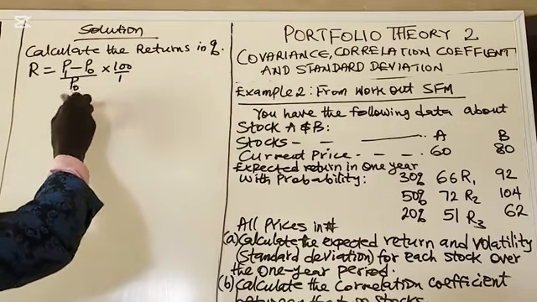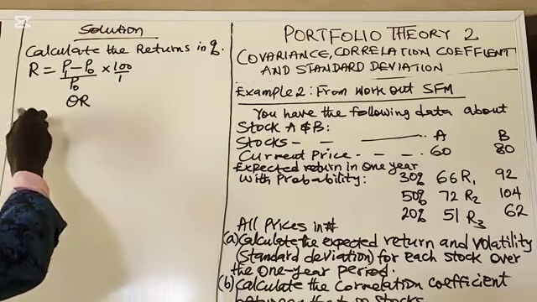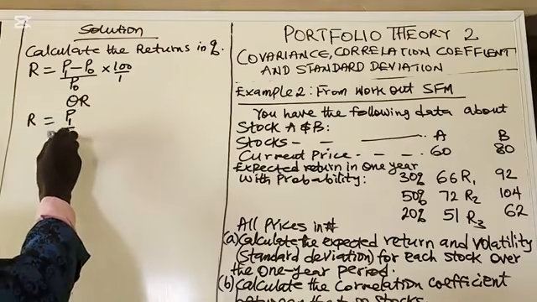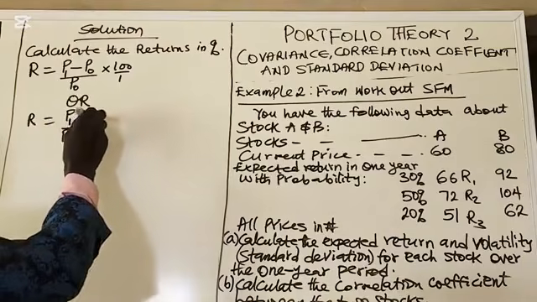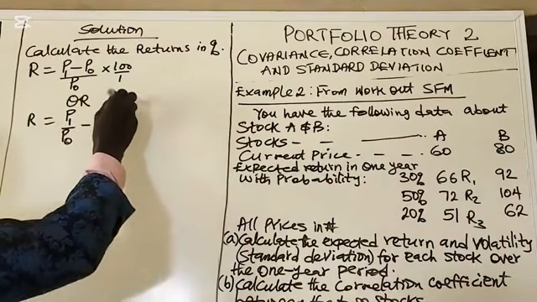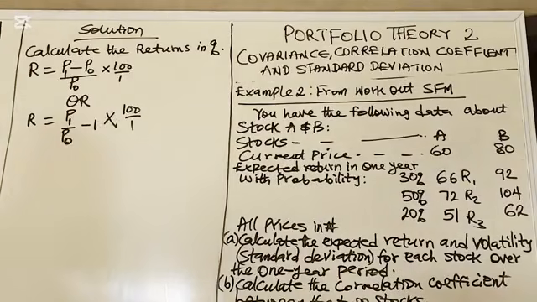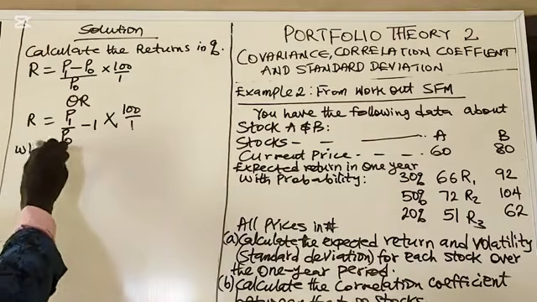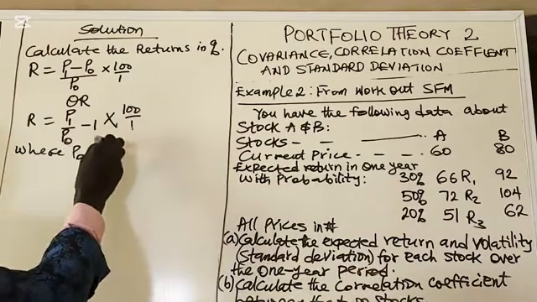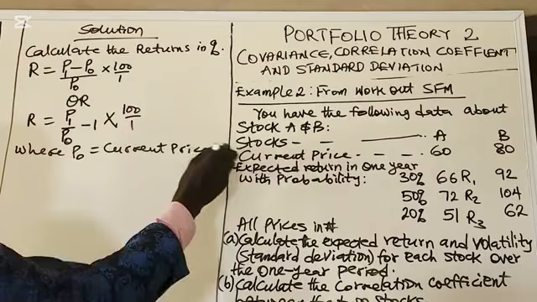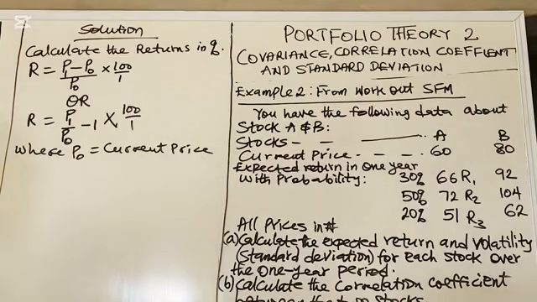Or you make use of this formula: returns equal to P1 over P0 minus 1 times 100 over 1. So you make use of either of the two formulas, where P0 is the current price and P1 is the future price.